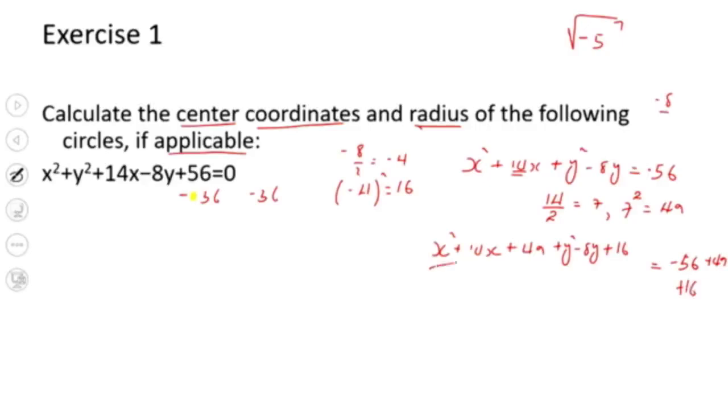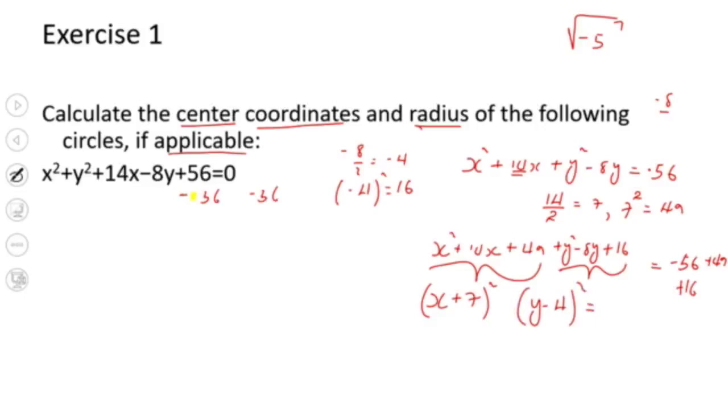So if you just observe this equation, it will give you (x + 7)². And again, it will give you (y - 4)² equal to, let's try to simplify the other side.